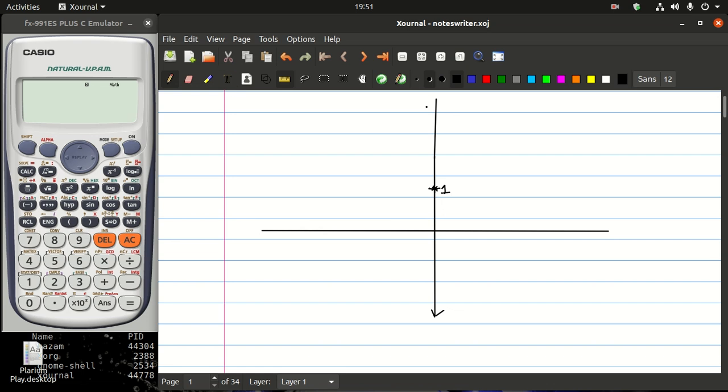And then I'm going to say these are the y-axis and these ones are the x-axis. First of all, I am going to pick some values here. I'm going to place 1, 2, 3, 4, and a 0 there, and on this side -1, -2, -3, -4.